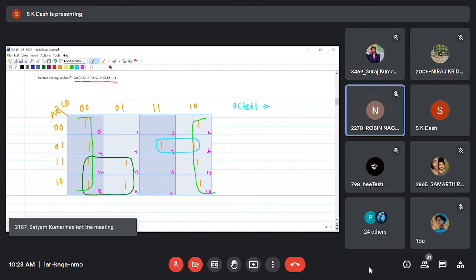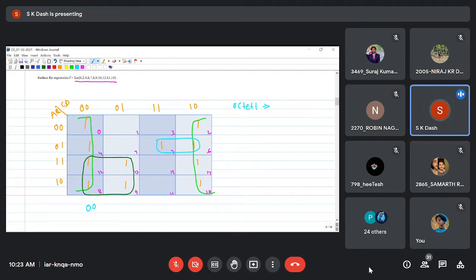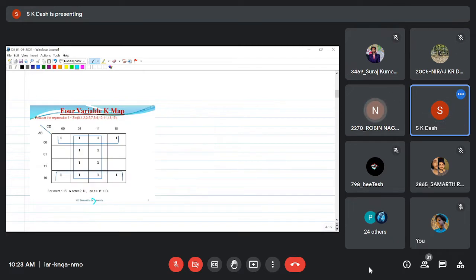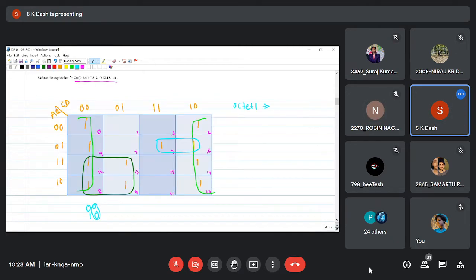No, sir. In CD, here CD is 00 in the first column. Fourth column CD is 10. So what is common for all 8 ones? The second 0 is common. Second 0 stands for what? D. That means D equal to 0 is common.